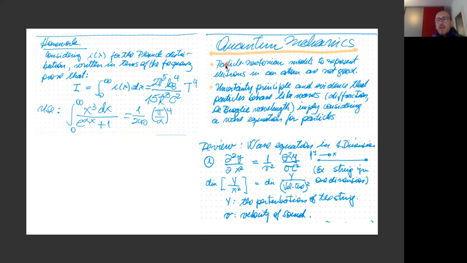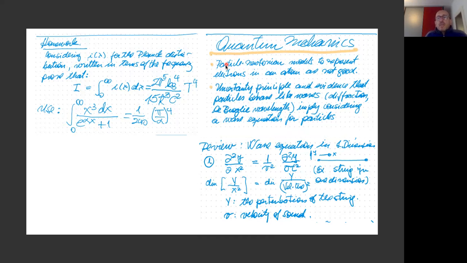With all the evidence we have, if you want to look at the motion of a particle or a macroscopic object, you use Newton's law, F equals ma.